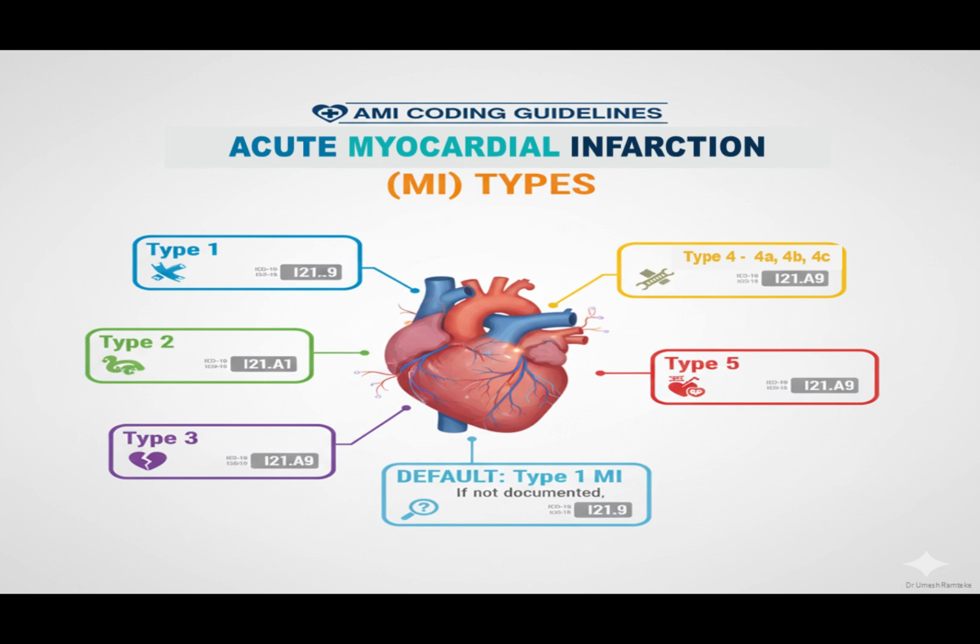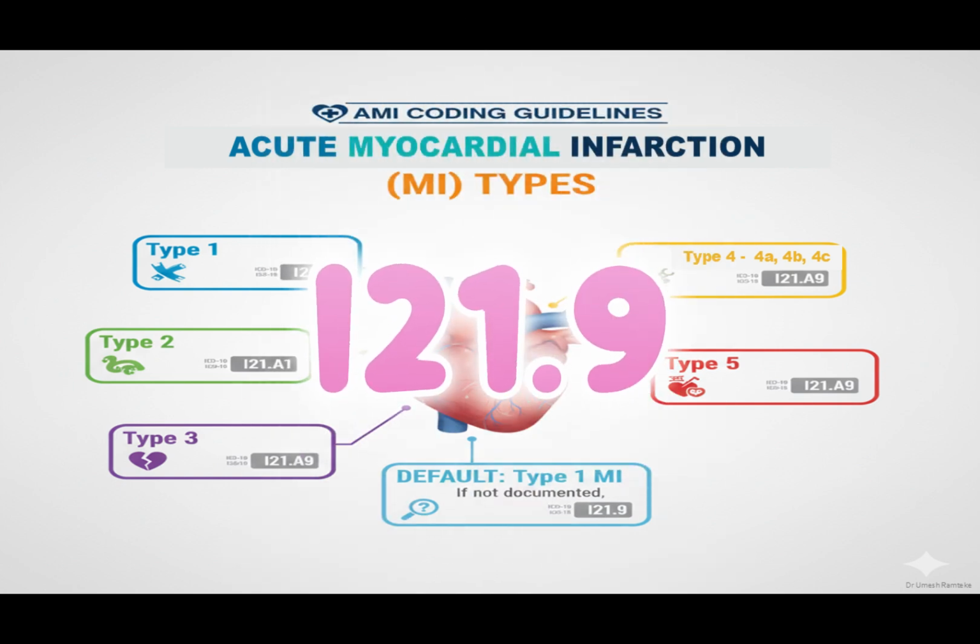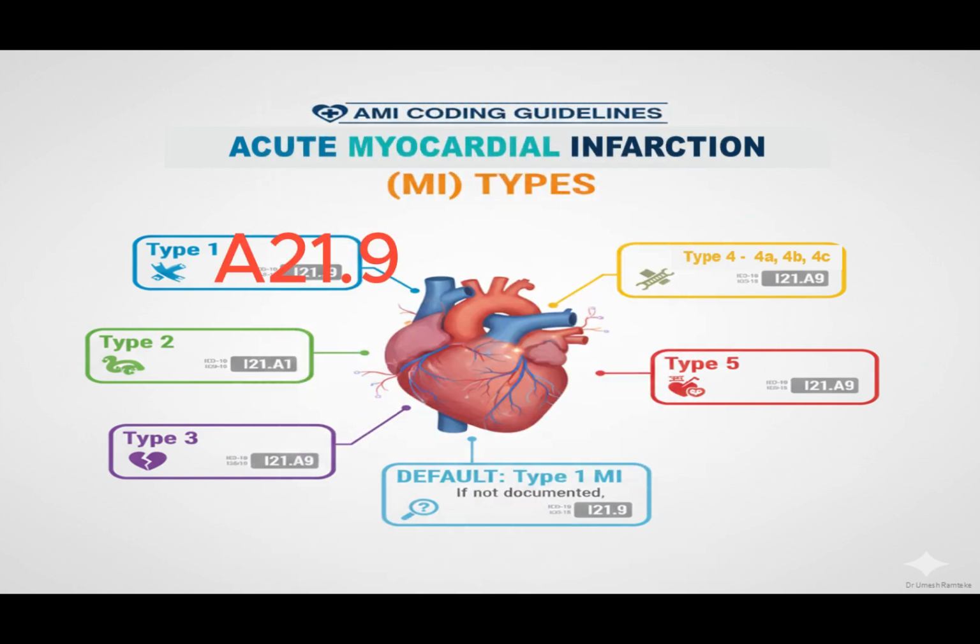The basic codes are acute MI I21.9, type 1 MI I21.9, type 2 MI I21.A1, type 3 MI I21.A9, type 4A, 4B, 4C, I21.A9, type 5 MI, I21.A9. But here is an important rule all coders must remember. If the provider does not document the MI type, the default is type 1 MI.